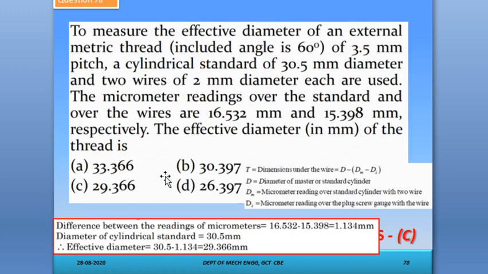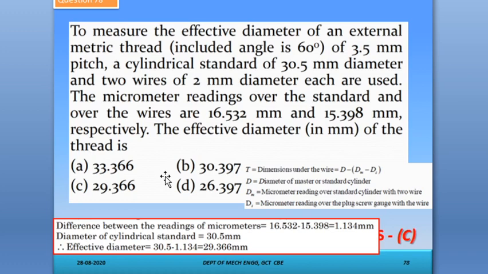The next one: to measure the effective diameter of an external metric thread, included angle 60 degree, of 3.5 millimeter pitch, a cylindrical standard of 30.5 millimeter diameter and 2 wires of 2 mm diameter each are used.